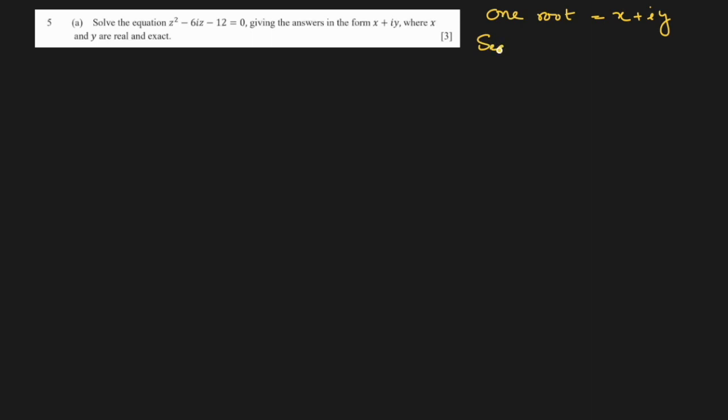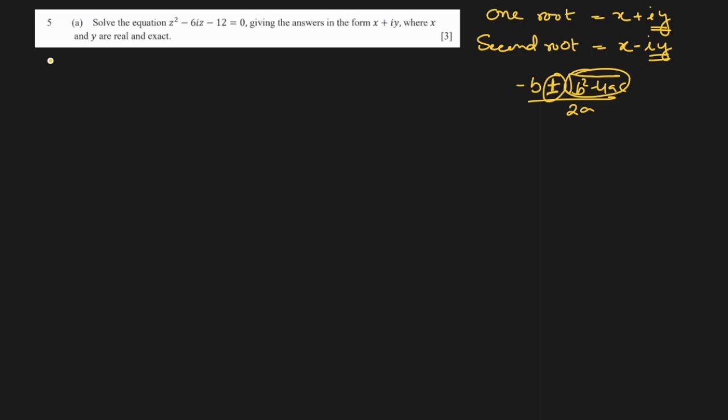The second root is definitely going to be x minus iy. Why do I think so? Because in our quadratic formula, if you remember, it is plus minus square root of b squared minus 4ac over 2a. In the case of complex number roots, this is the square root of a negative number, and that's why we get i's. And this plus minus will ensure that one of them is plus, one of them is minus.